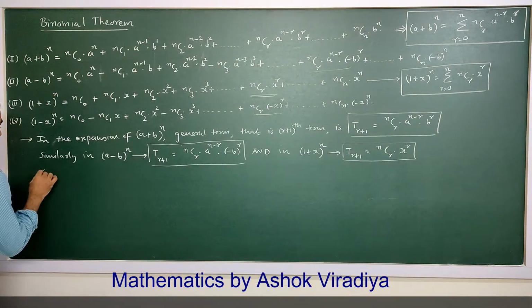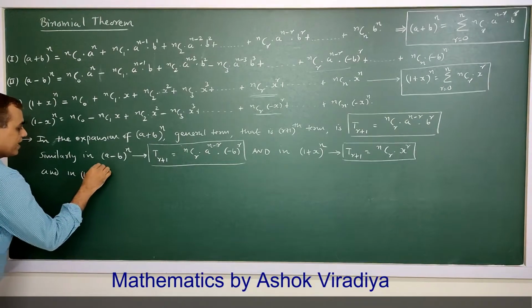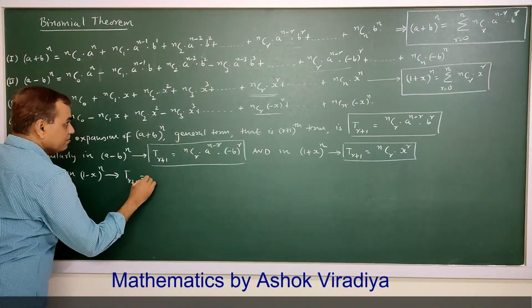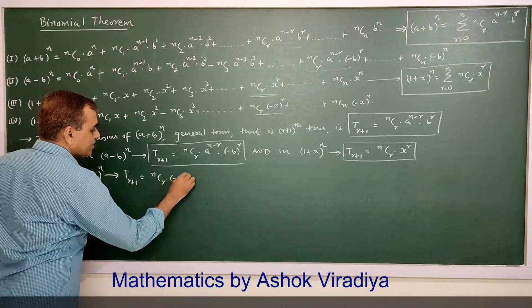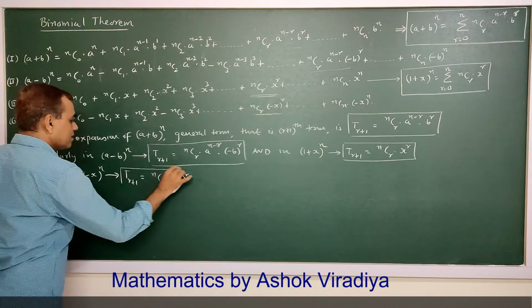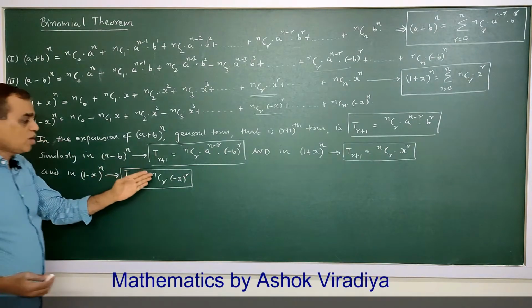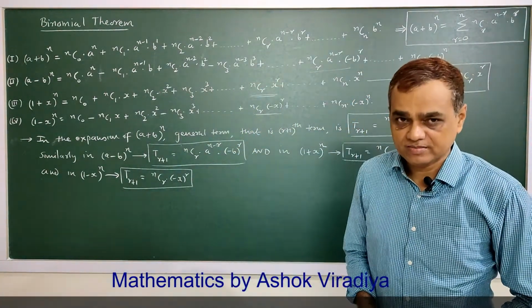And in (1 minus x) raised to n, the (r plus 1)th term is nCr (minus x) raised to r. So from these 4 statements, these 4 formulas for a general term can be remembered.